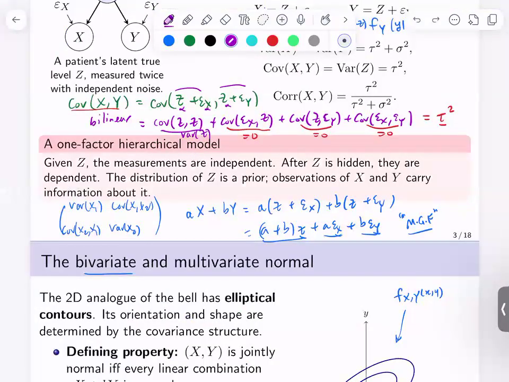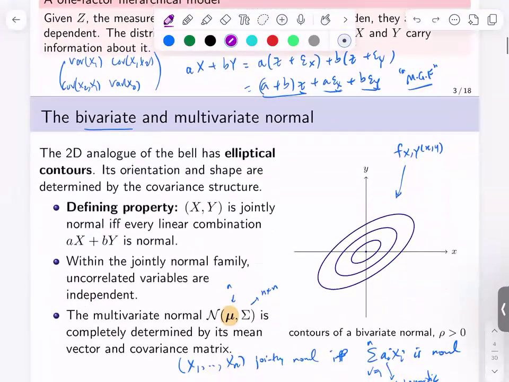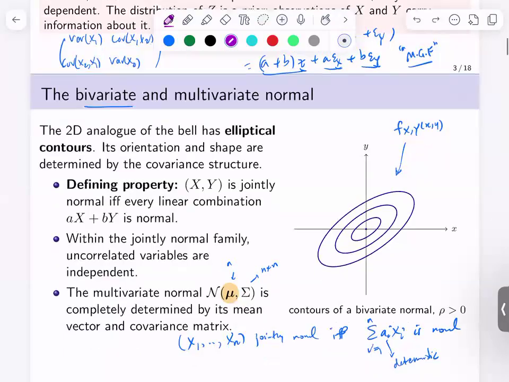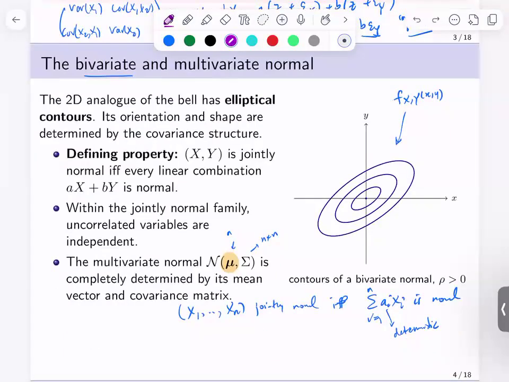Okay. This is a rather quick introduction to the bivariate or multivariate normal distribution. The defining property is key, and this property that uncorrelatedness implies independence, and the reverse is always true, so they're equivalent in the normal family. That's one of the main properties that we need, and the fact that the multivariate normal family, or bivariate, is determined by the mean and the covariance matrix.